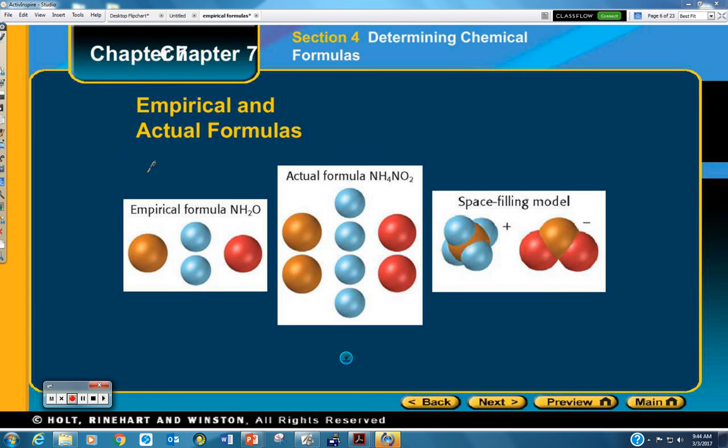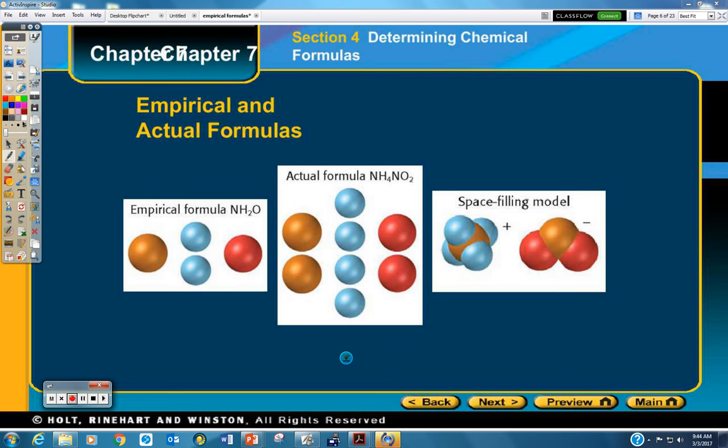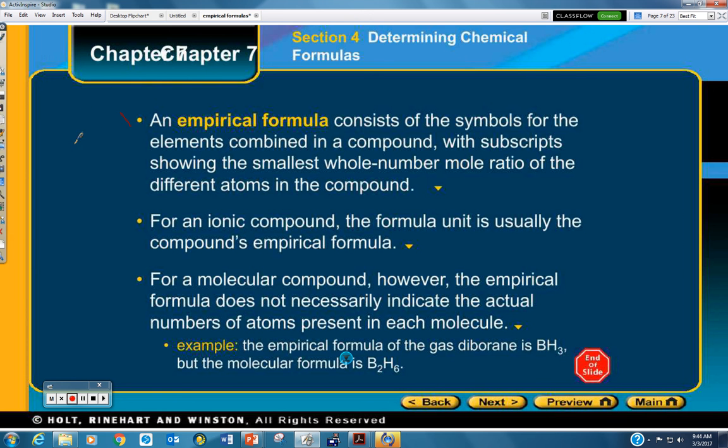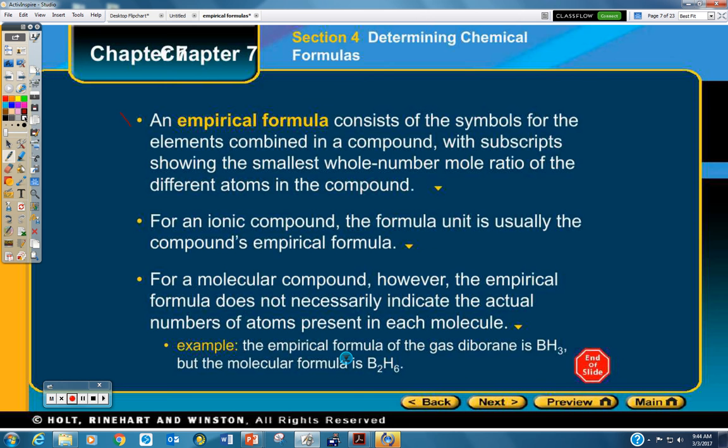Like I said, I don't really want you to copy the pictures, because there's not really anything to get off of that one. So let's talk about empirical formula first. From this sheet, I really want you to have the definition of the empirical.